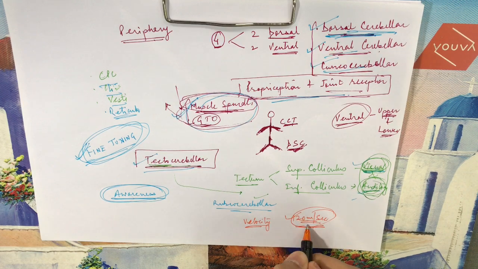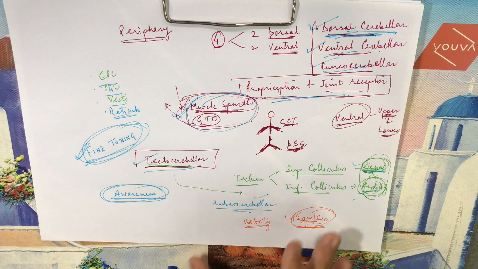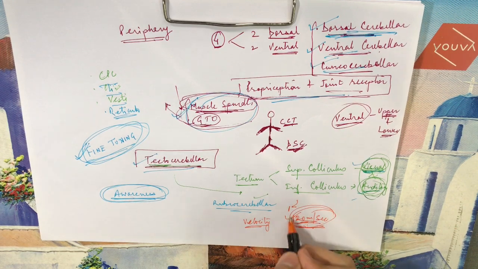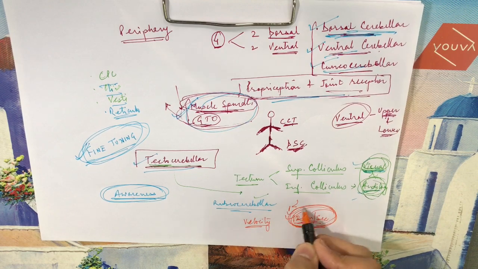Because this extremely fast conduction is important so that you can instantaneously know about the change in the peripheral skeletal system. The cerebellum needs to know the current position of the skeletal system, what is happening. Only then it will fine tune, right? That's why they are the fastest conducting pathway.